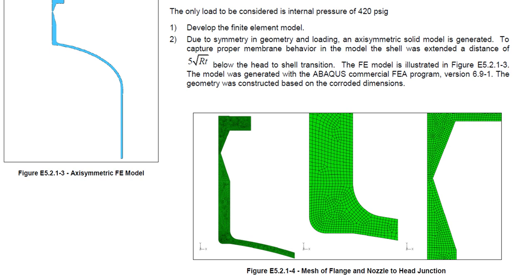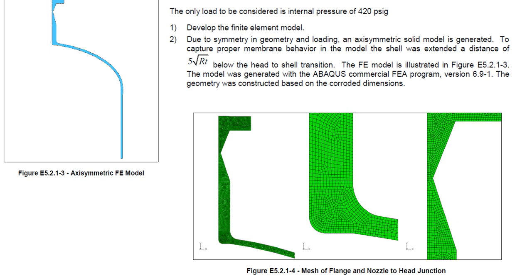In PTB 3, they have given some guidelines to develop the finite element model. Here they have created a 2D element, axisymmetric model, but we can definitely modify it as per the feasibility in our software.